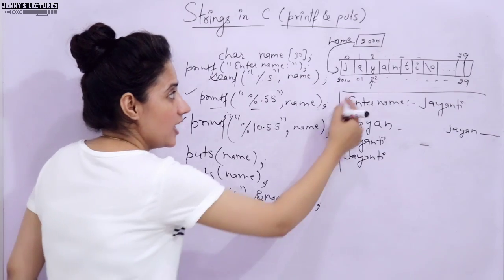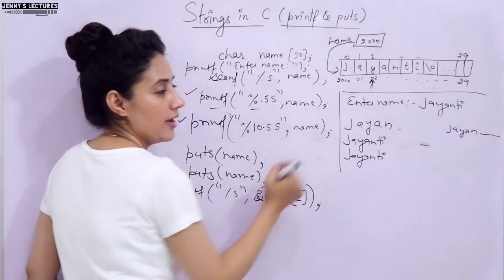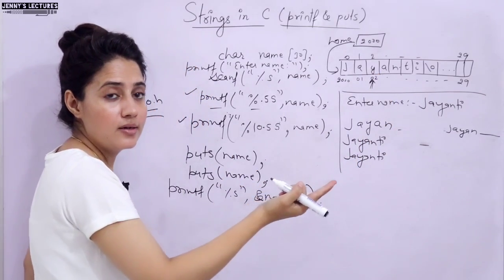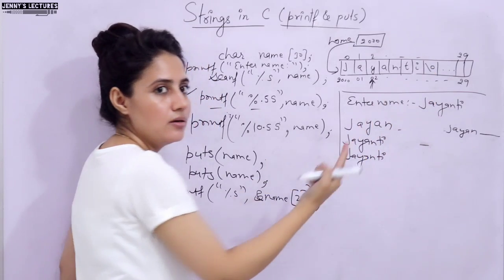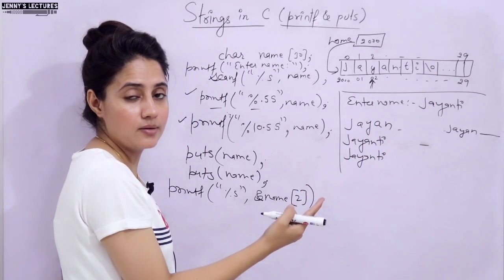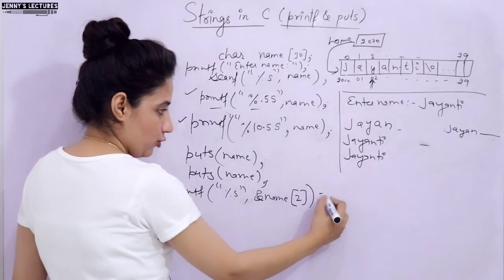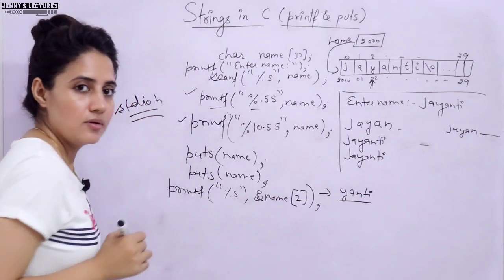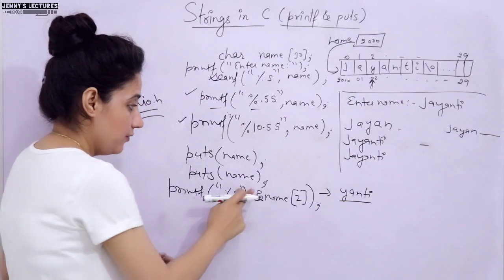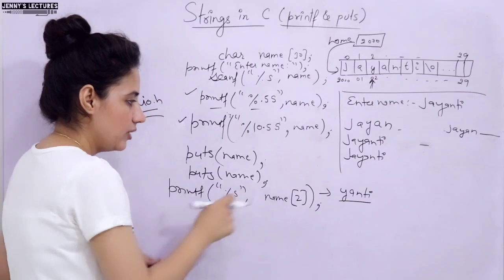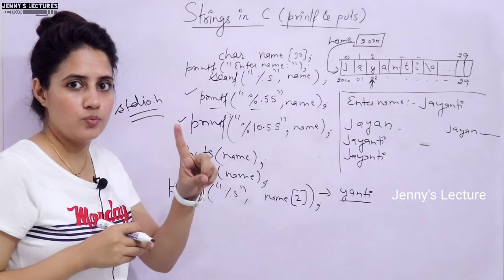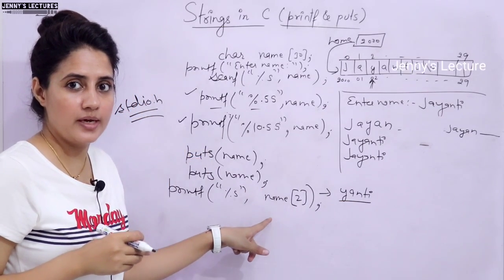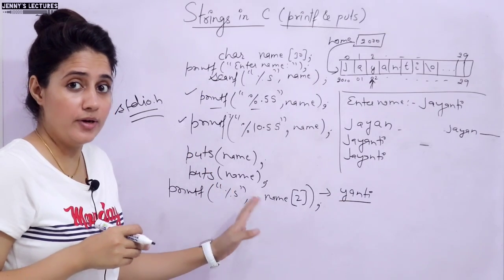So it will directly start printing from this index, from Y, and till what will it print? Till it gets a null character, right? So what output will you get here? YANTI, this output you will get, right? But if you provide something like this, only name of 2, no, you will not get any output, this would be an error, right? You can try it on your own.